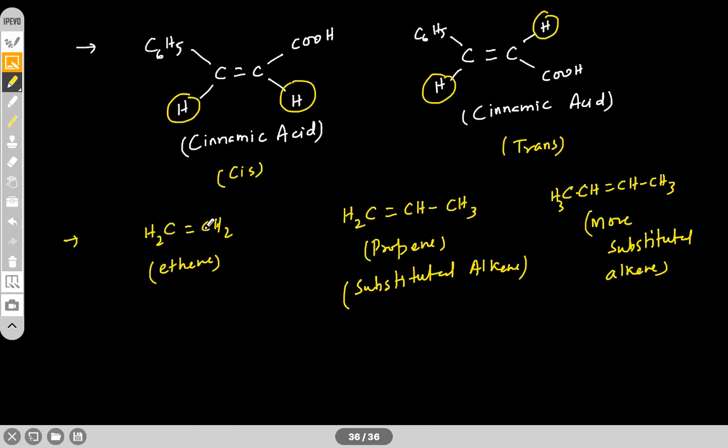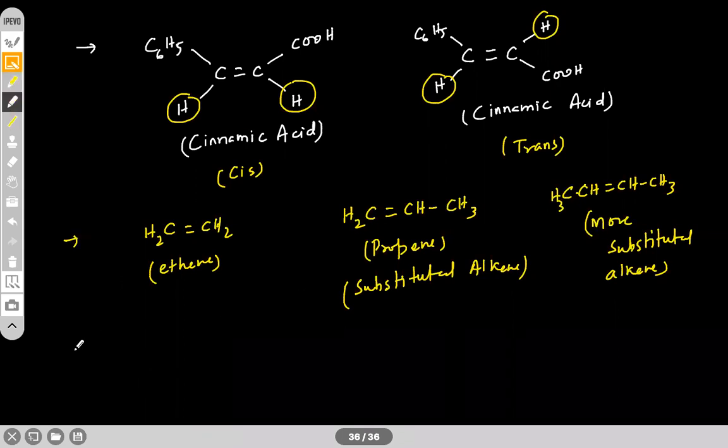But yes, this one is ethene. This is a substituted alkene, one hydrogen replaced. This is a more substituted alkene. Like this, if you keep on substituting hydrogen, you will get more and more substituted alkene. Correct? So when you have substituted alkene, then preferably we don't use the cis and trans terms, but we use the E and Z system. Okay?